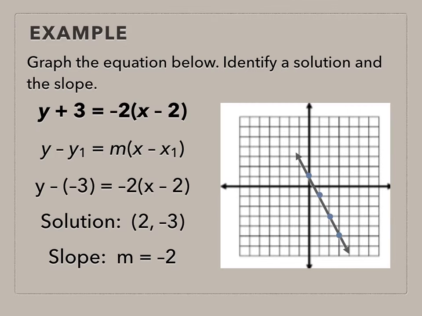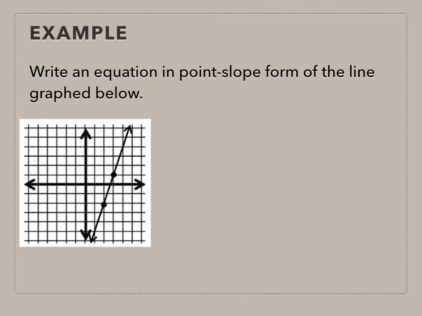Finally, if I give you the graph, you should be able to write the equation. So here's the graph. Let's identify that bottom point as 2, negative 2. So that will be our x1 comma y1 in our formula. The slope is rise over run. This has a positive 3 for a slope. The formula we'll be using is there.